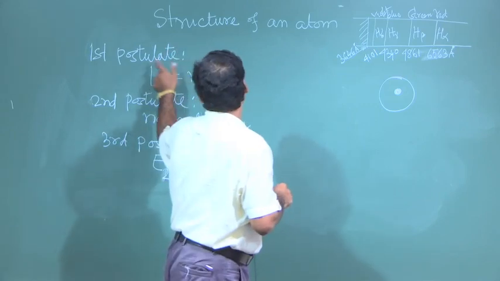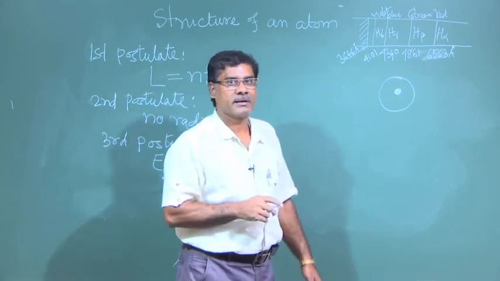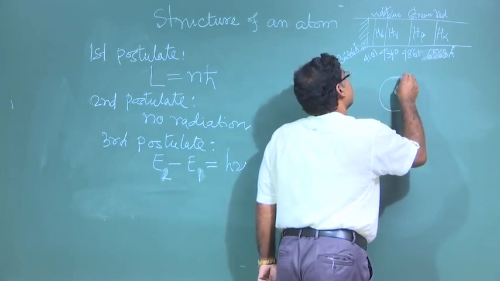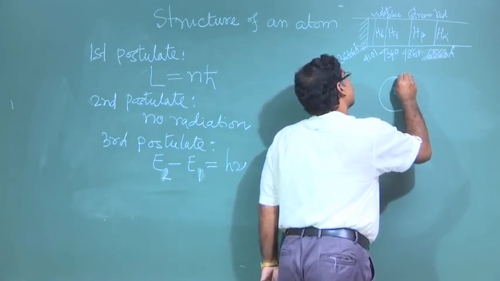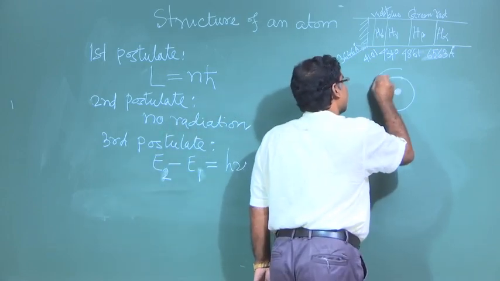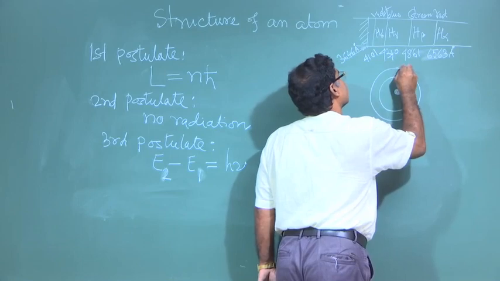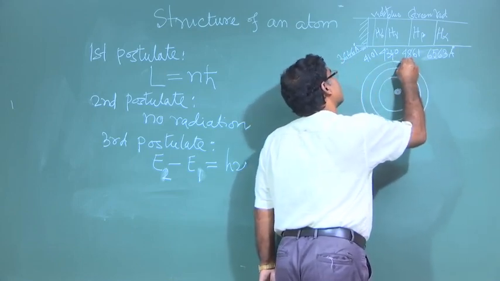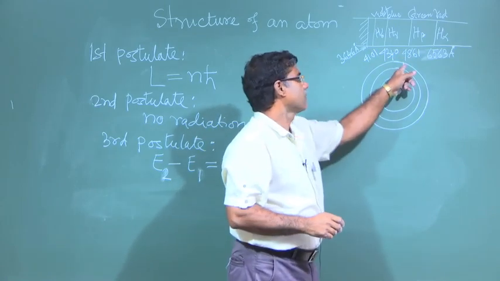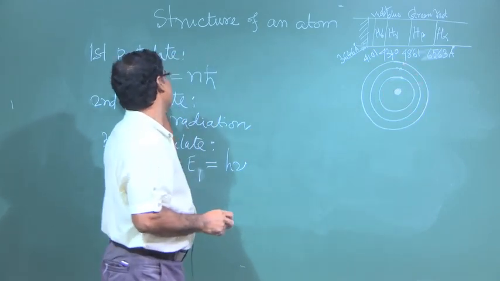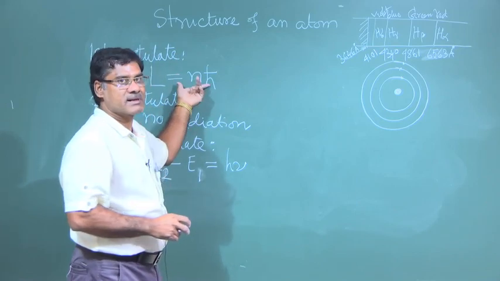Now, the first postulate of Bohr tells that it can rotate in a definite orbit, this orbit or this orbit or this orbit. The orbit is defined by this first postulate.